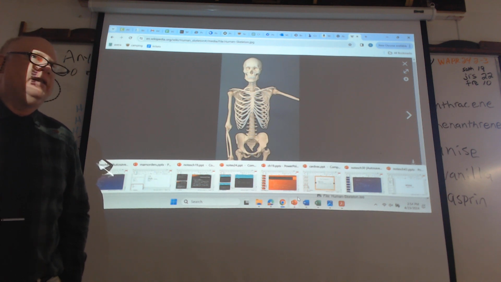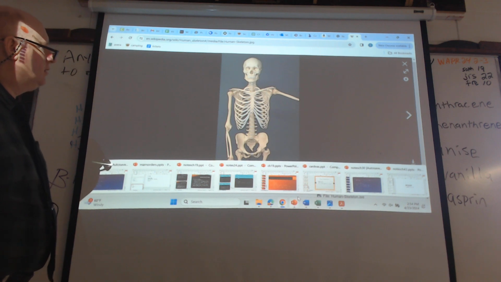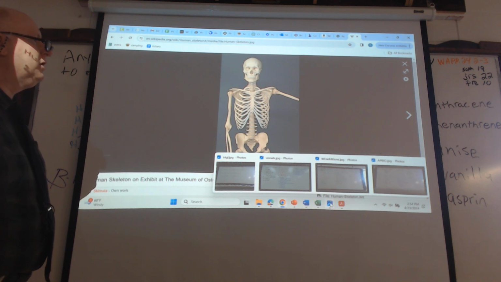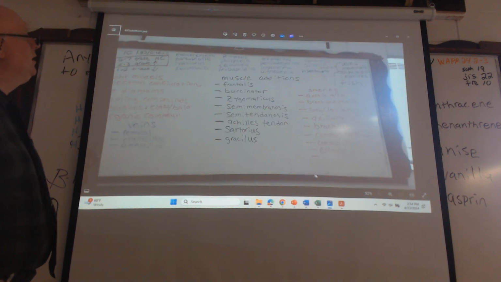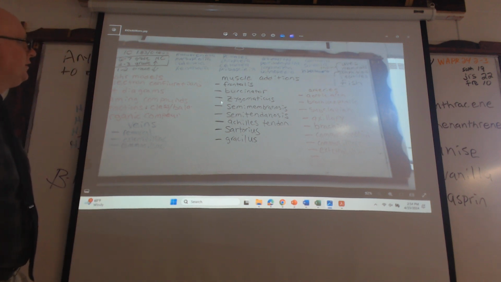Okay, and then here's again some muscles to know in the human body. And then these are some arteries to know in the human body, and then here's just some of the veins.